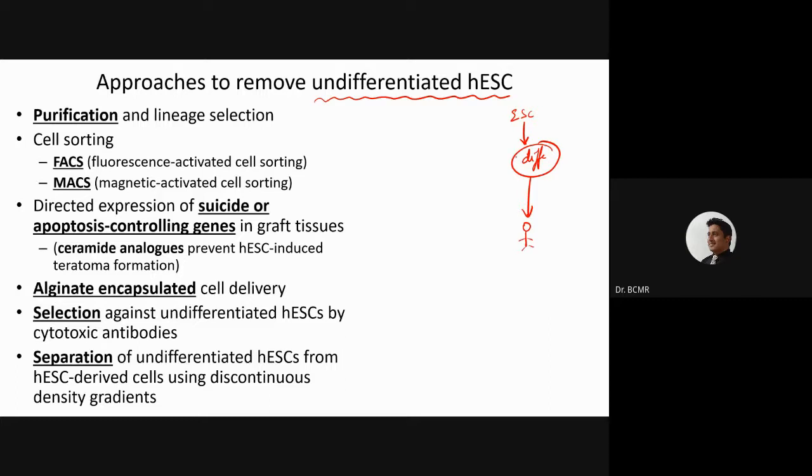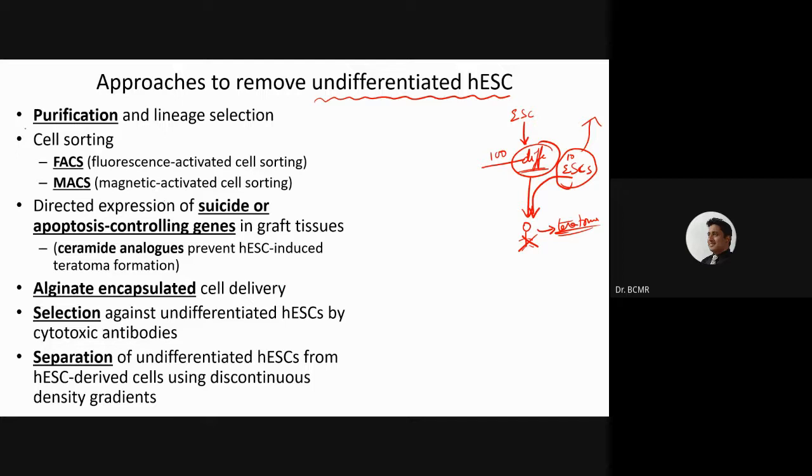The problem is, if we have taken 100 cells, maybe 95 have differentiated, but 5 of them may have remained as embryonic stem cells. If these also are implanted, they might give rise to a teratoma, and that teratoma could kill the person. So we should be able to somehow get these out so that we only give the differentiated cells, and otherwise not.